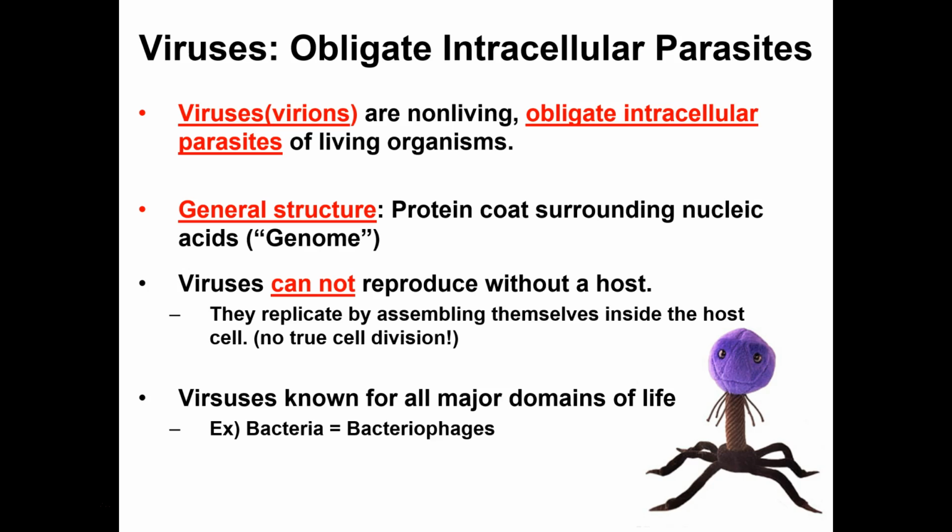Another thing people don't realize. Viruses are equal opportunity infectors. Okay? There are viruses of all 3 domains. We're familiar with the viruses of humans. Okay? Ones we deal with day in, day out. But there are also viruses of bacteria. Okay? And that's what we're going to focus on in this chapter. We're going to focus on bacteriophages.